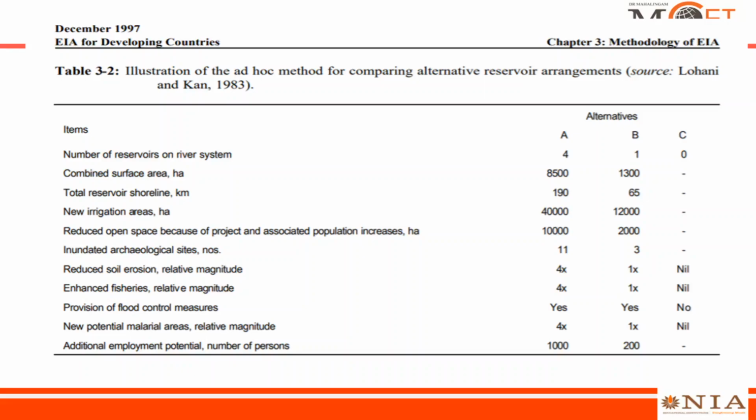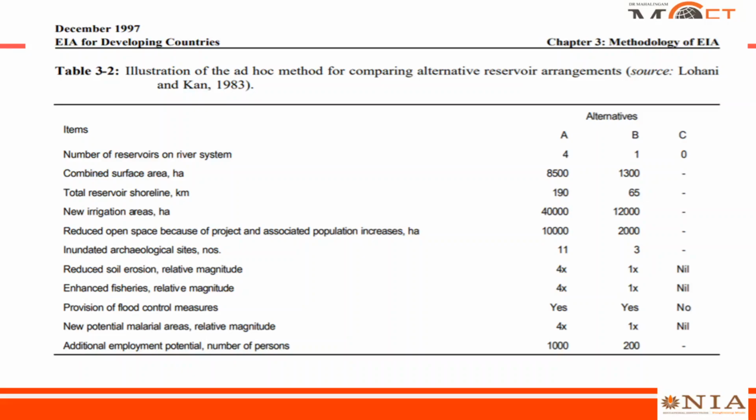Some of the items involved here are the number of reservoirs on that particular system, the surface area, the shoreline distance, the irrigation area, reduced open area because of the project and associated population increases, inundated sites meaning flooded sites, reduced soil erosion, improved fisheries, provision of flood control measures, new potential malarial areas, meaning disease causing areas, and additional employment of people. So these are some of the things that are considered when you look at a particular project.